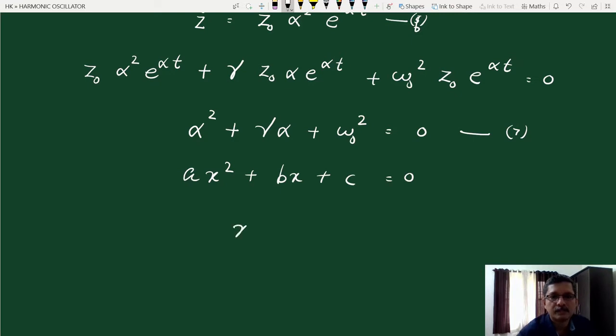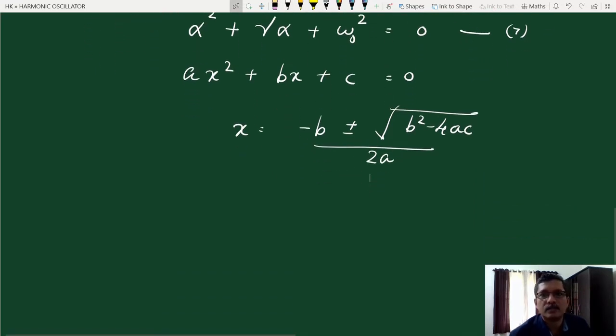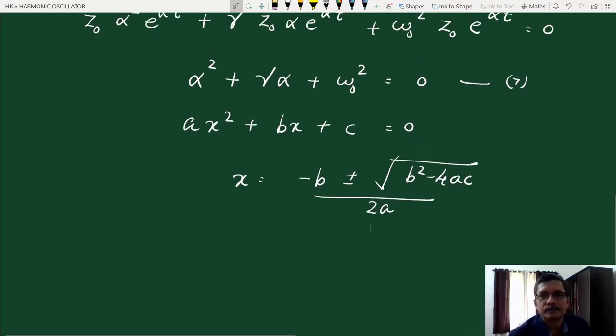What is the solution? x is equal to minus b plus or minus root of b square minus 4ac, divided by 2a. This is the solution. So if you do this for equation 7, a is 1, b is gamma, and c is omega 0 square.